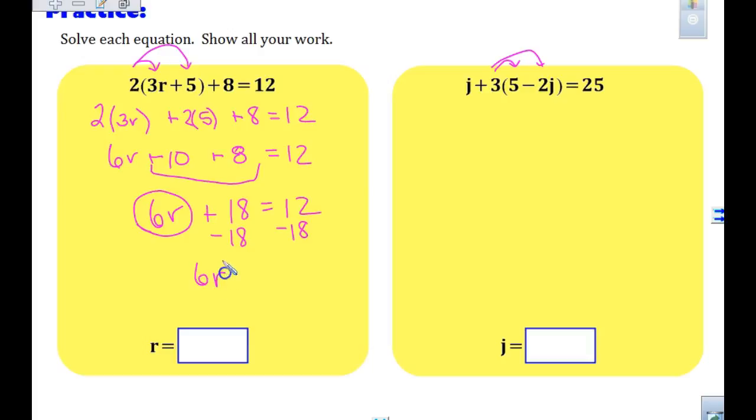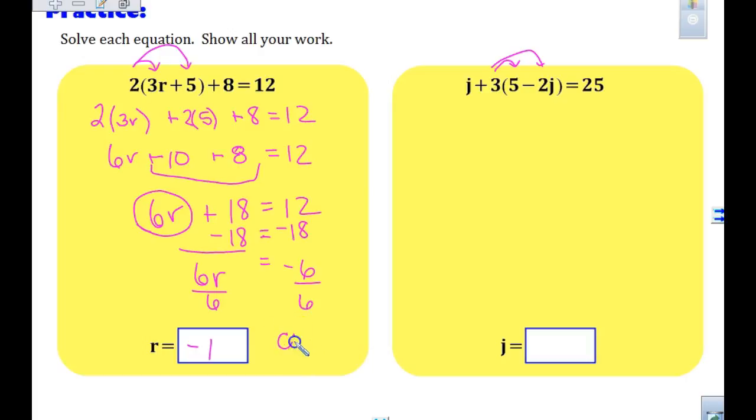I have 6r is now equal to. And when we talk about doing it, we're talking about on both sides of the equal sign. I had some people putting negative 18 under the 6r. You cannot do that. It has to be on both sides of your equal sign. That will give us a negative 6, and you are now dividing both sides by 6. And r in this case equals -1.